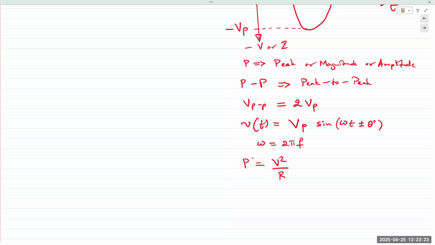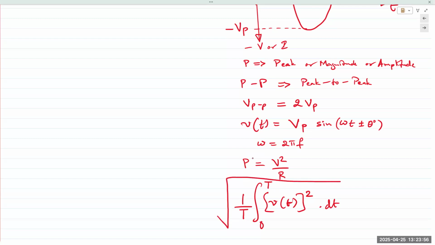So we decided to take the square of the waveform and then take the average. Average is basically summing up everything under the curve, so integrate over one time period and then divide by the time period. So you get the average. And because we took a square at the beginning, now we take the square root.